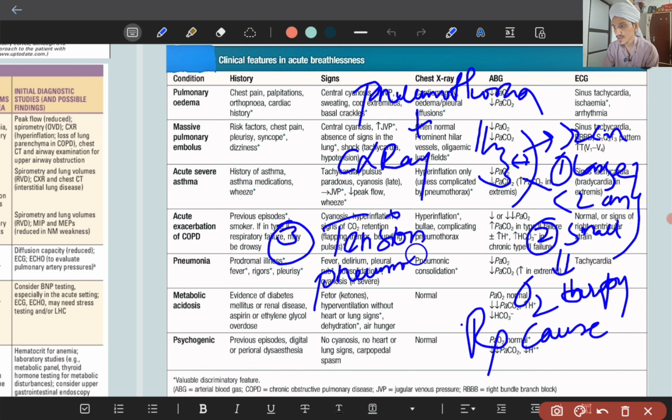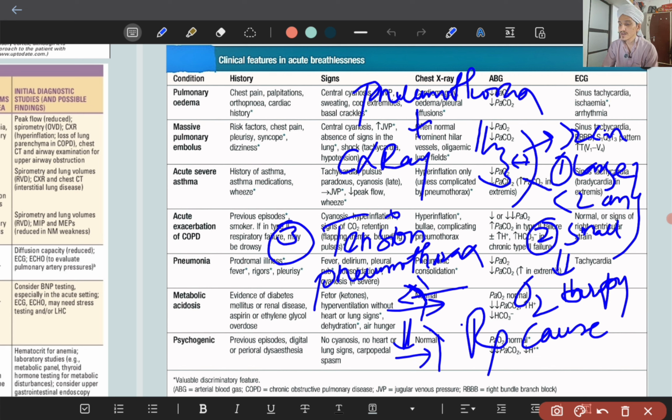Here the pathology is that the broken wall of the chest will act as a single valve mechanism, meaning the air will come inside, but when the air tries to go outside, this will lock and the air gets blocked.